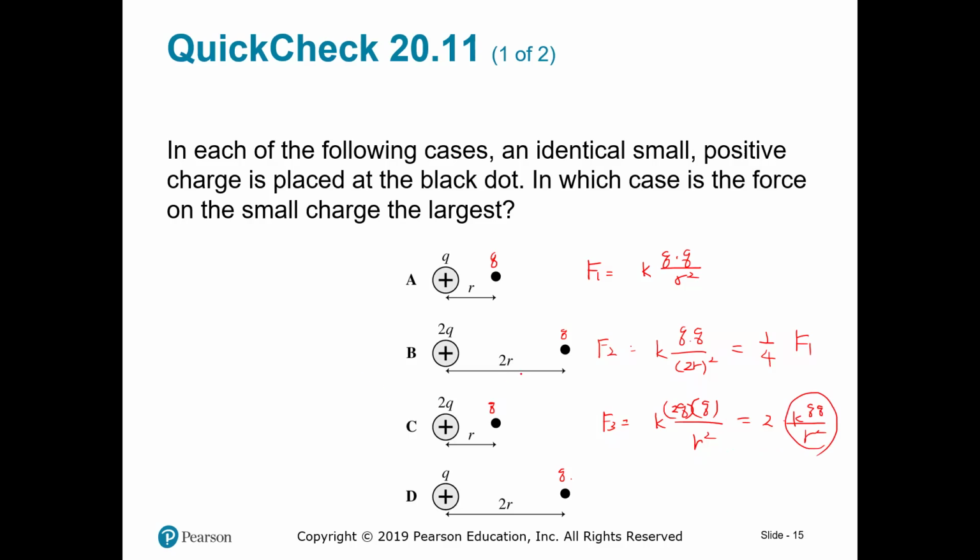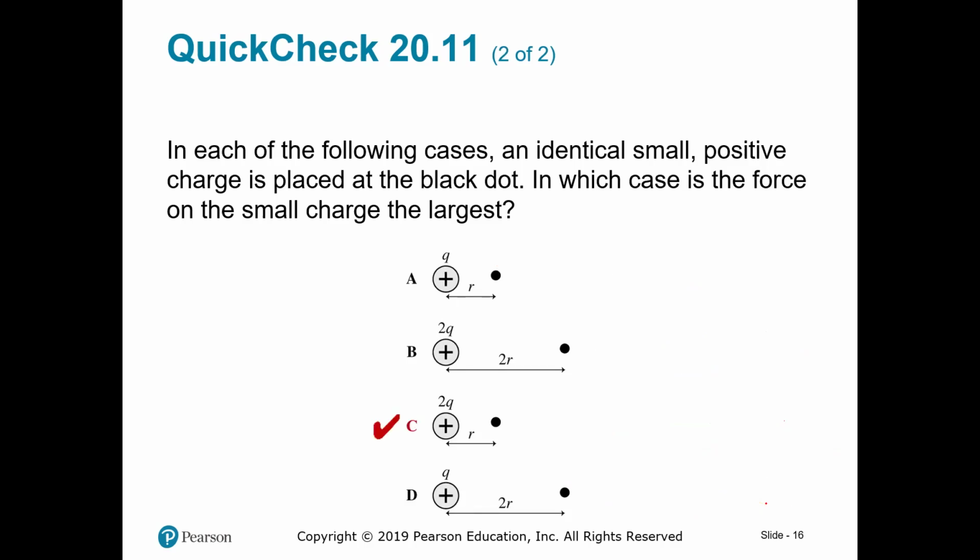And the last one is gonna be F4. Of course, you don't need to solve it now, because you increase the distance to 2 times. The force, oh, sorry, here it was 2Q. So it's basically 2, so it's a half, sorry. So now, K times Q over 2R squared. This is 1 over force, F1. So the answer is C. It's the greatest force, right?